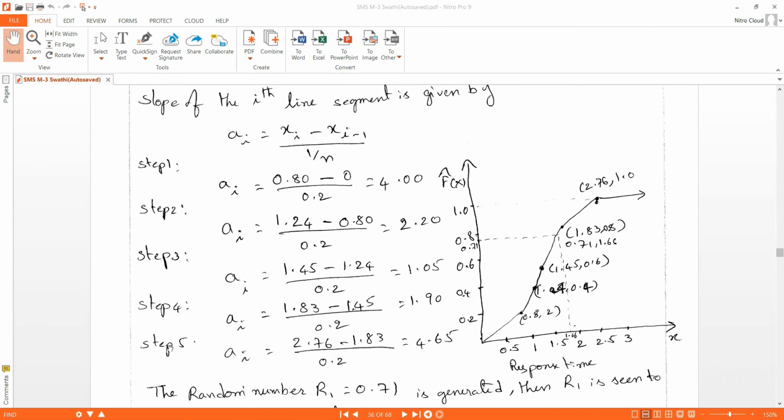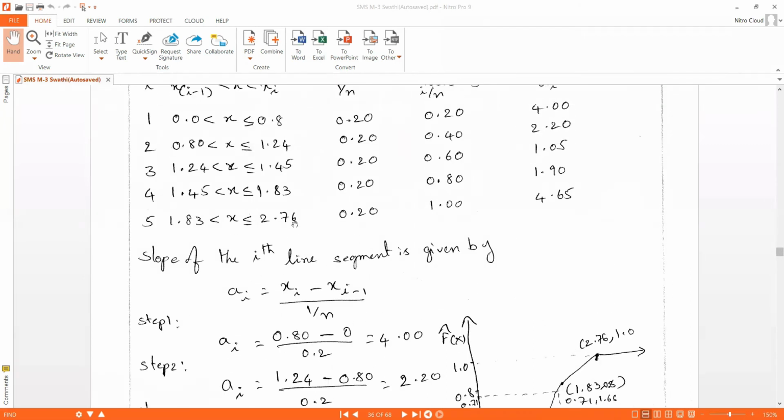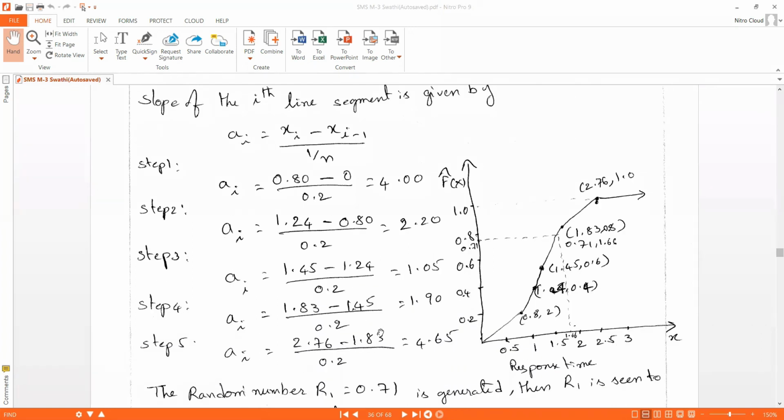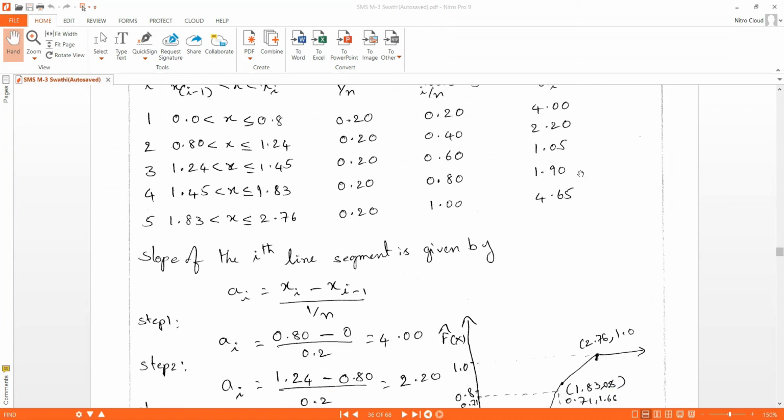Next, when i equals 5, x_i is 2.76 minus x_{i-1} which is 1.83, divided by 0.2. We will get 4.65. In this way we calculate the a_i values and fill in the values we have computed here.